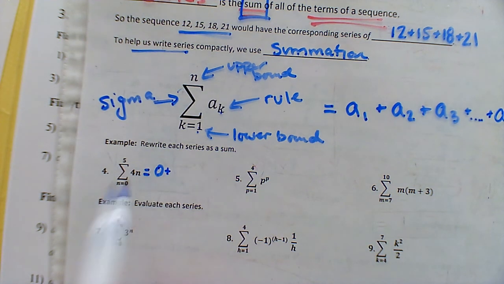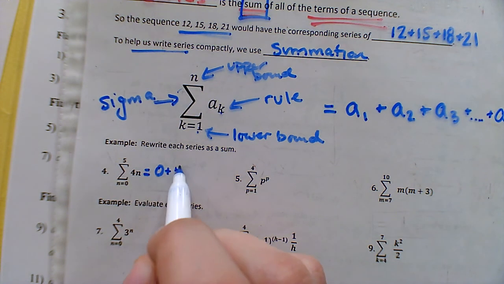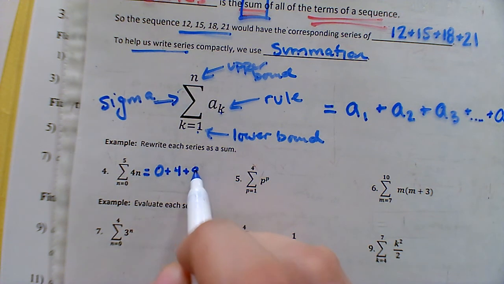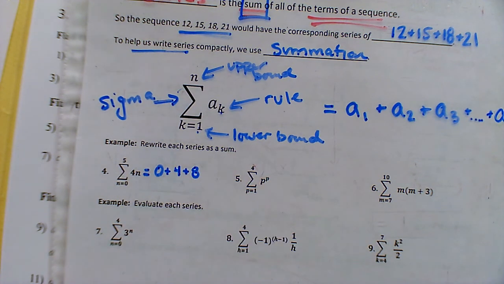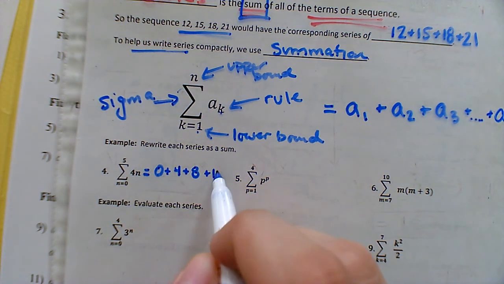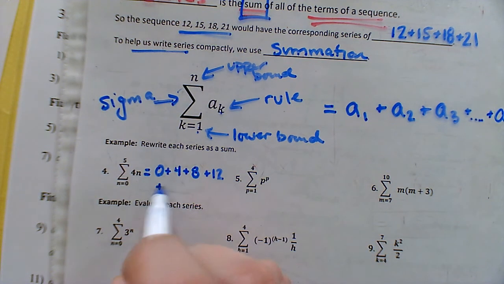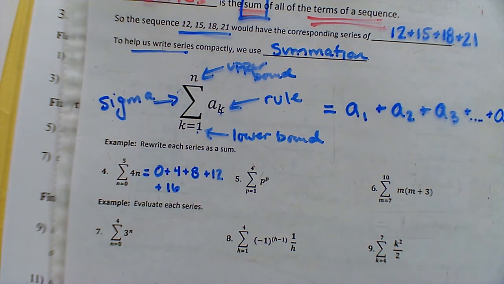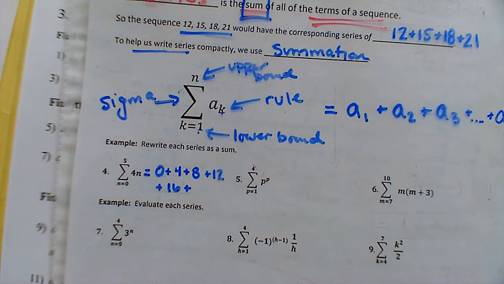We now need to add what we get when we plug in 1, the next integer, which would be 4. Then we have to plug in the next integer, which would be 2. So we would get 8. The next integer would be 3, so we would get 12. The next integer is 4, so we would get 16. The next integer is 5, and notice how that's our upper bound. So that's the last one that we're going to plug in, and we would get 20.